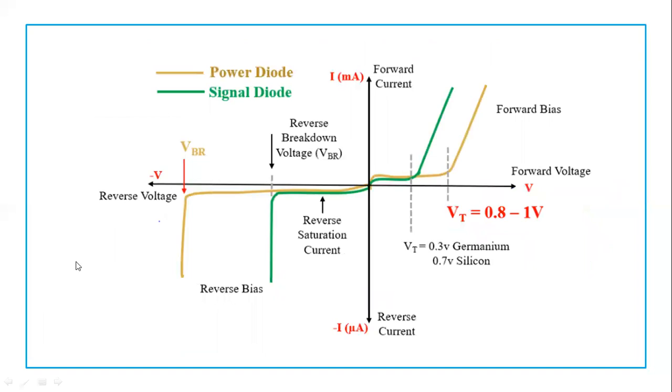So a comparative figure showing a power diode and a signal diode. You know that for a signal diode, silicon or germanium, the cut-in voltage is normally 0.7 or 0.3 volt, right? For a normal diode, but the forward voltage drop is around 0.8 to 1 volt for power diodes.